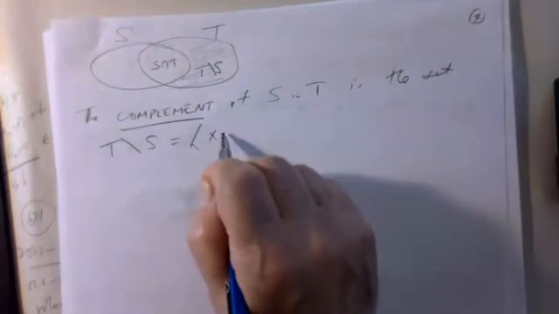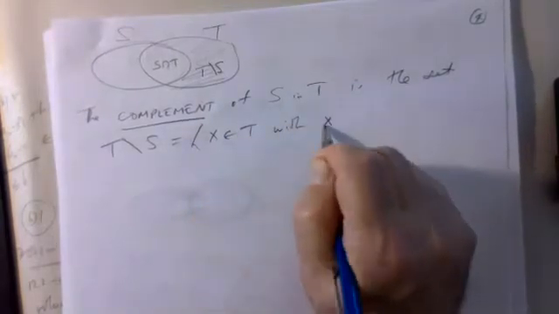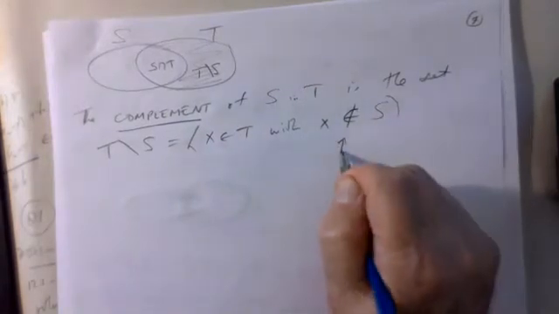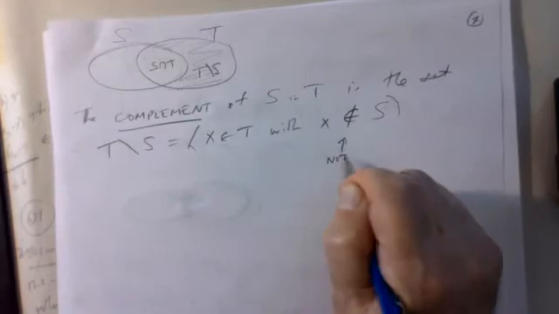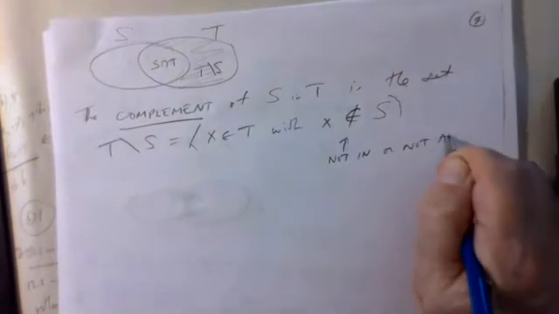So this is all X in T with X not in S. And this symbol means not in or not an element of.